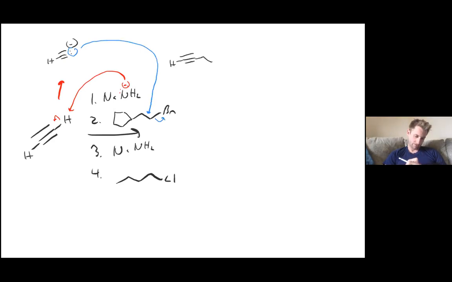We need to add a 1, 2 carbon, so 1, 2, and then this 5-membered ring. Next portion.